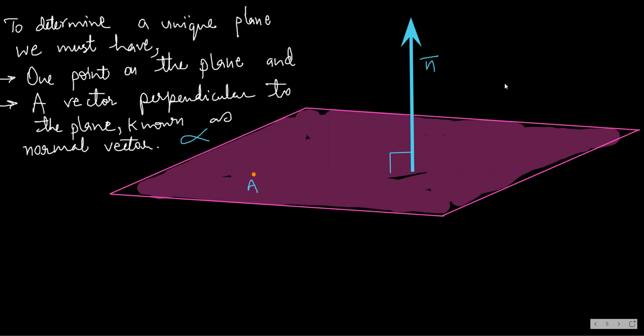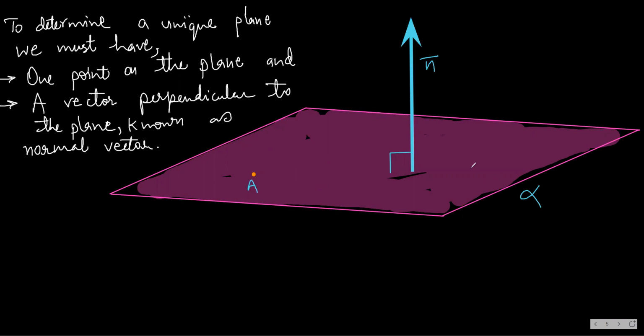Now see, suppose this plane, I call it alpha plane. The unique plane which I'm talking about, suppose this is alpha plane. Now the problem here is, if I do not have any of these two given things, I may not be able to locate the alpha plane.